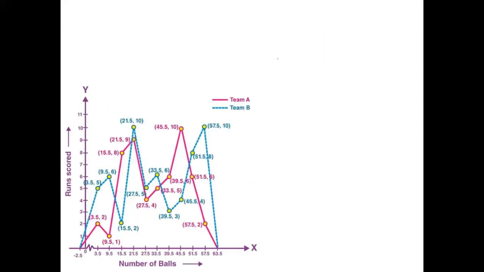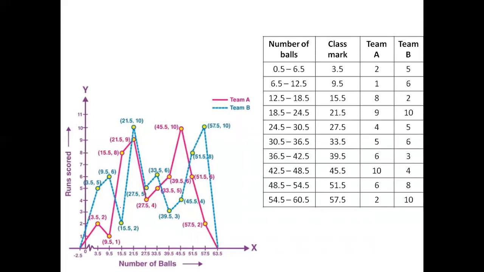Now here again I have team A, which is represented in pink color, and team B, which is represented in blue color. So I've made use of different colors so that you are able to understand the given information. So 3.5 and 2, so I have 3.5 on the x-axis and 2 on the y-axis.